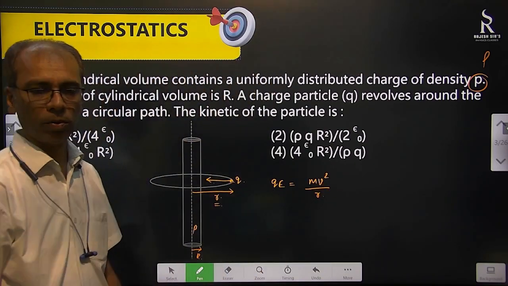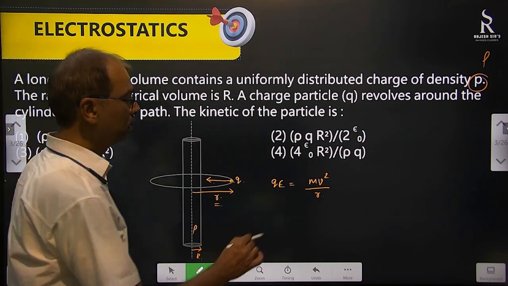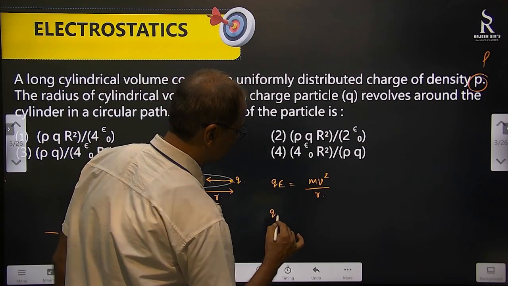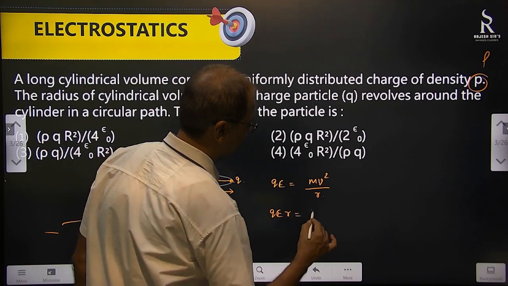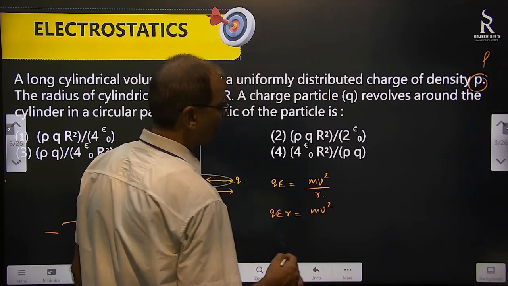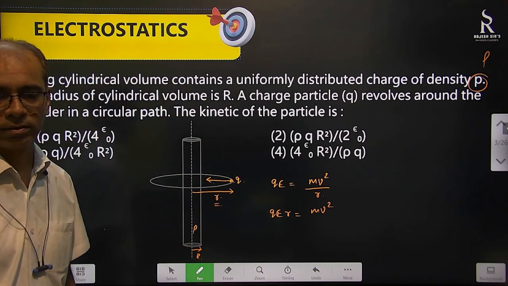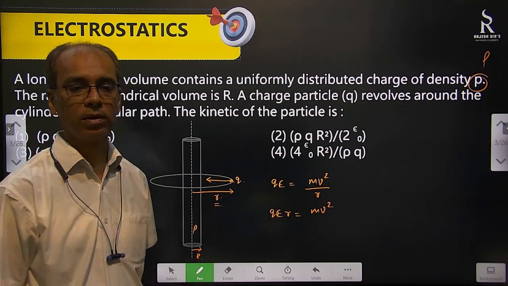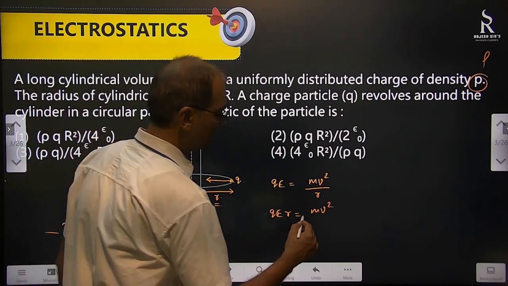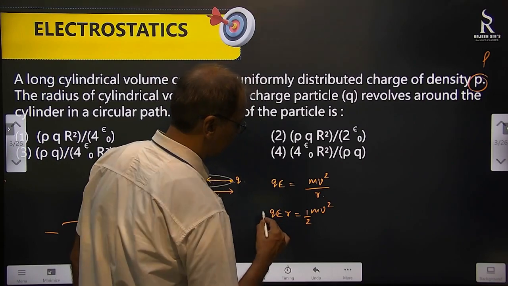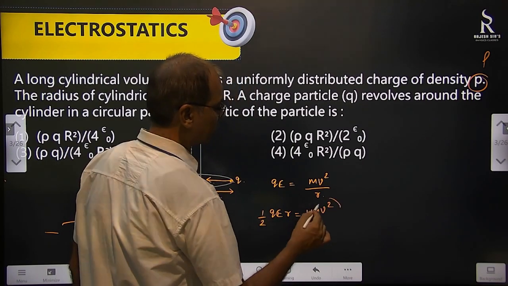Perfect so far, no problem. Then this r I am going to multiply here. qE into r becomes mv square. What is kinetic energy? Kinetic energy is half mv square. I have the mv square value, so multiply here with half and multiply there with half. So this becomes kinetic energy.